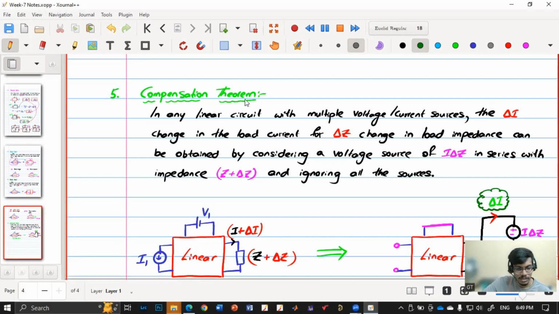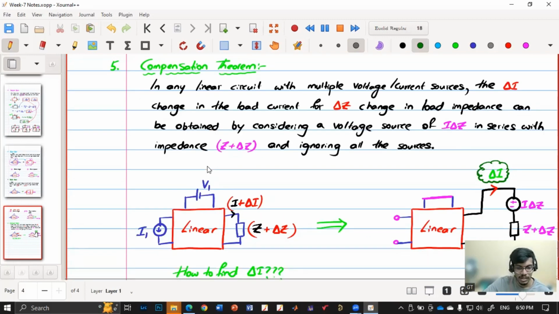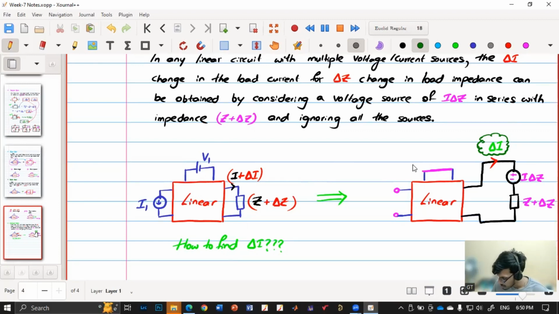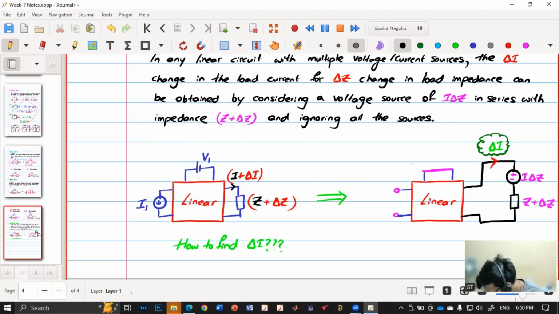So compensation theorem says in any given linear circuit with multiple voltage and current sources, the delta I change in the load current for delta Z change in the load impedance can be obtained by considering a voltage source of I delta Z magnitude in series with the impedance Z plus delta Z and ignoring all the sources. The sources means voltage as well as current. So voltage sources we are shorting and current sources we are opening.